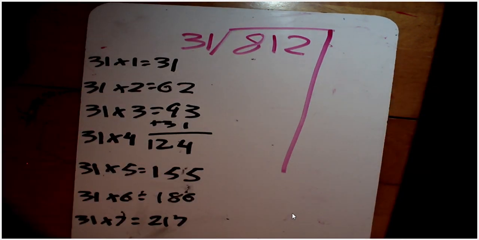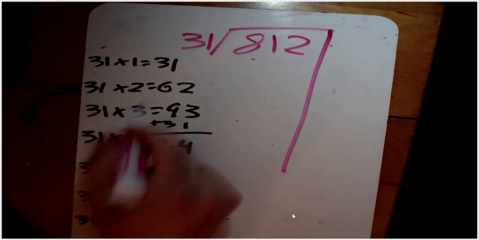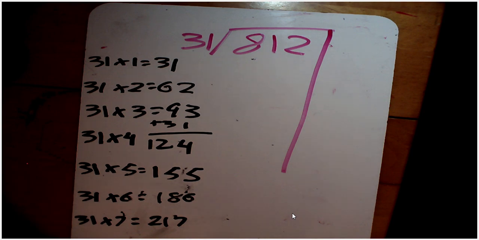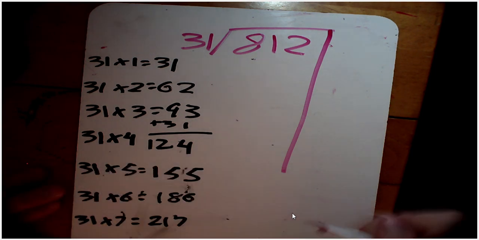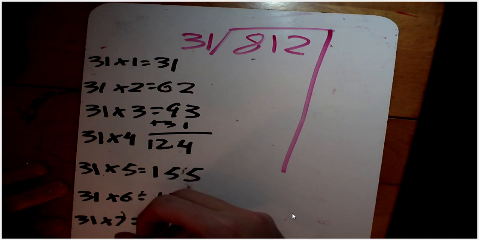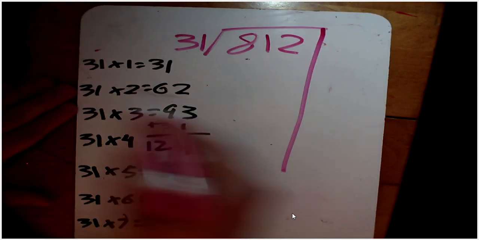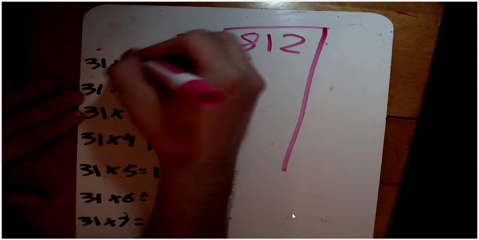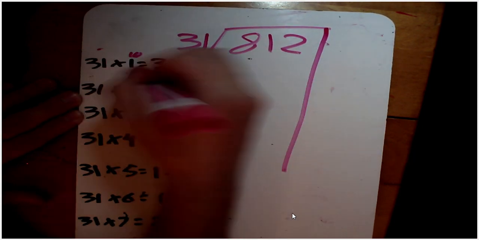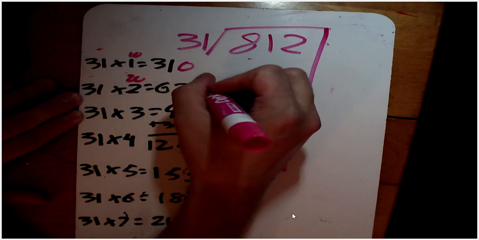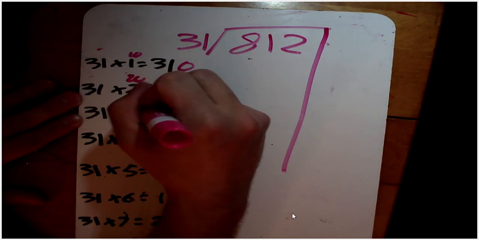So if I think about this, which one of these numbers as extended facts would help me get closer to 812? If these were 31 times 10, 31 times 20, 31 times 30, 31 times 40, 31 times 50, 31 times 60, 31 times 70, what would they be? 31 times 10 would be 310, right? 31 times 20 would be 620. 31 times 30 would be 930.